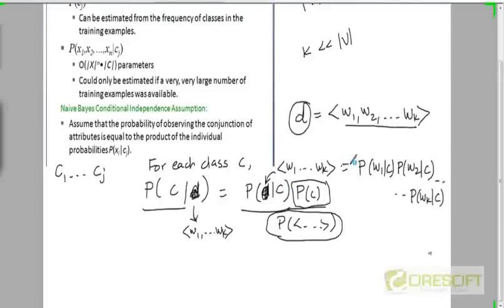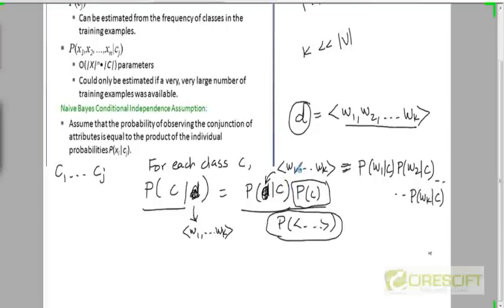And that's what it turns out to be the case. This naive assumption does not generally affect the classification accuracy that much. It does not change the classification that much compared to what we would have obtained had we had a way to directly estimate the probability of seeing these keywords given a document of class C.